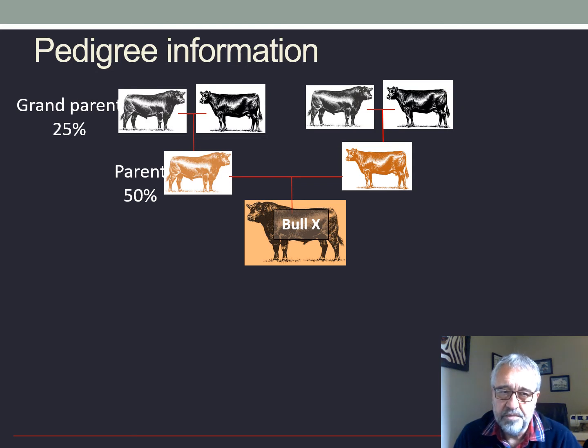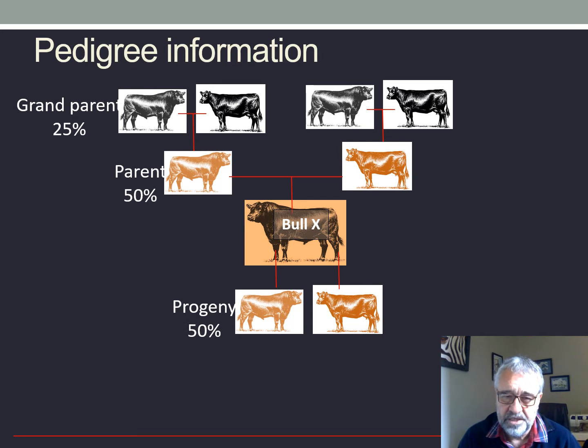And on average, he would share 25% with each of his grandparents. I say on average because once we started using genomic information, we would say in certain cases, because of the randomization of these genes flowing down from top to bottom in the pedigree tree, he could be more related to some of his grandparents than to others. But from his parents, always 50-50.